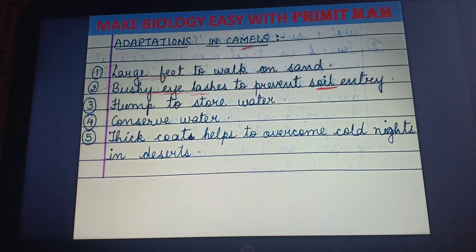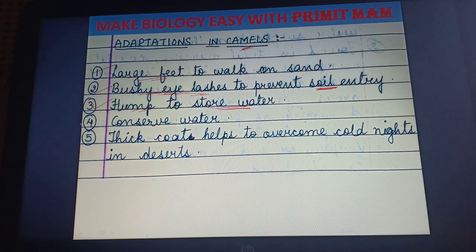Third, they have a hump which stores water. Camels can use that water when it is needed. The fourth adaptation is they conserve water, saving it in their body.